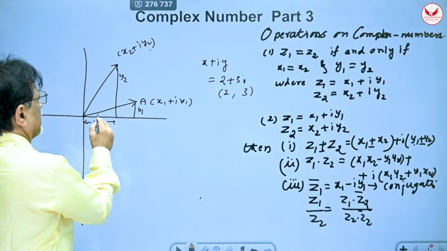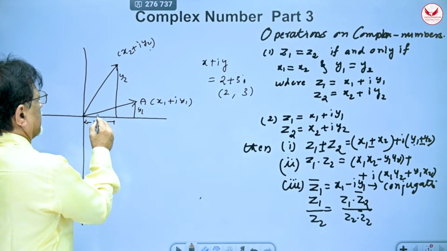Now I want to add x1 plus x2. So this complex number is z2 actually, and this complex number is z1. I want to represent where z1 plus z2 will go. You will be surprised to know that it becomes the law of parallelogram, because vectors are added based on the law of parallelogram. So you complete the parallelogram. Means what? You draw a line parallel to this line here of the same size, and then draw a parallel line here.